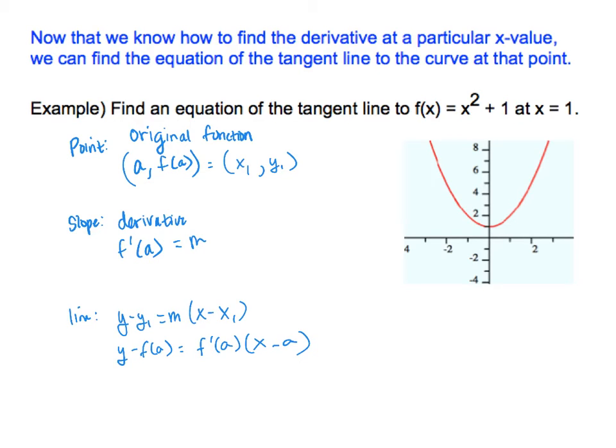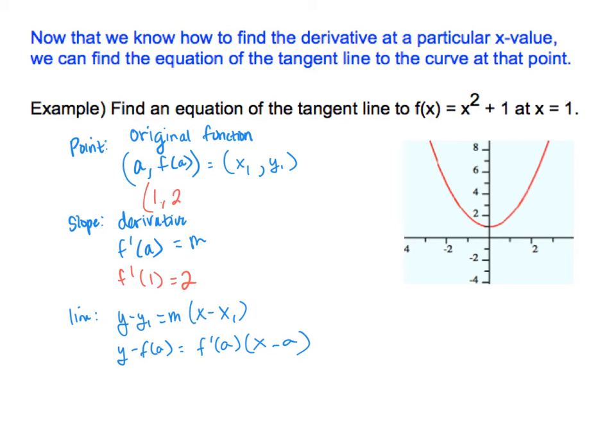So we've done most of this work already. We already know that the derivative at 1 is equal to 2. We know our a value is 1, and actually in that limit definition, we found f of a. Right? We found f of a by plugging it into x squared plus 1 in the numerator. And we got back out 2.